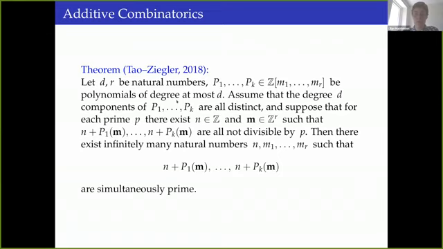You need to make sure that there is no obvious reason for these shifts of polynomials not to simultaneously represent primes, but you fix certain polynomials and you can show that there is a shifted copy of this configuration within the set of primes.